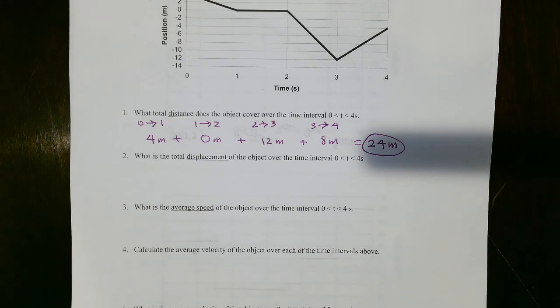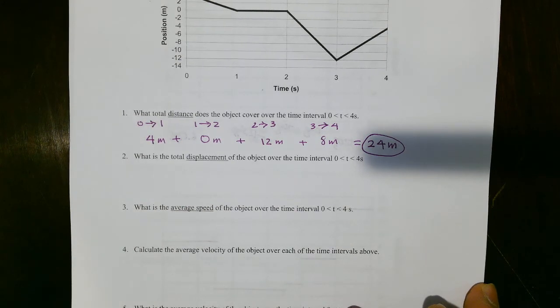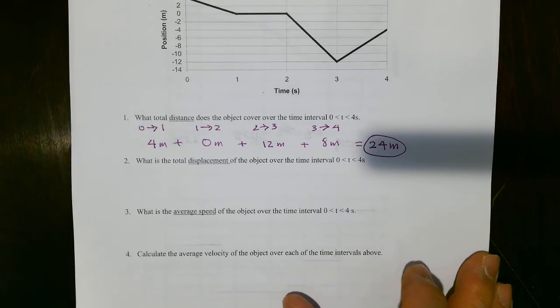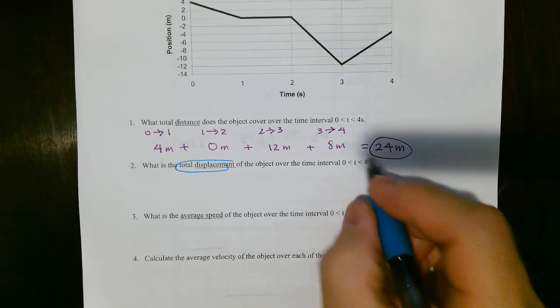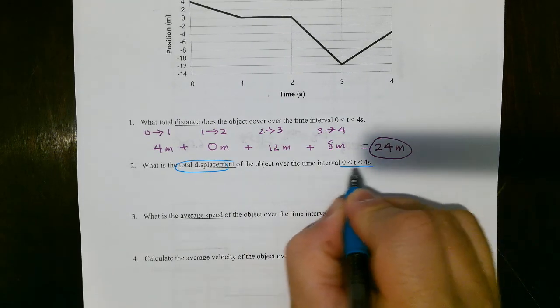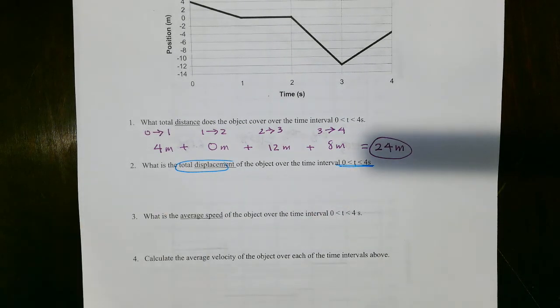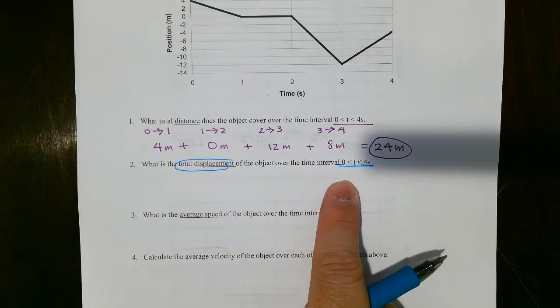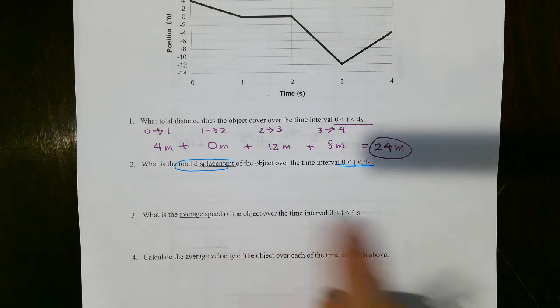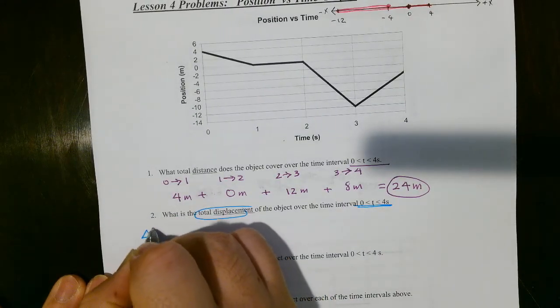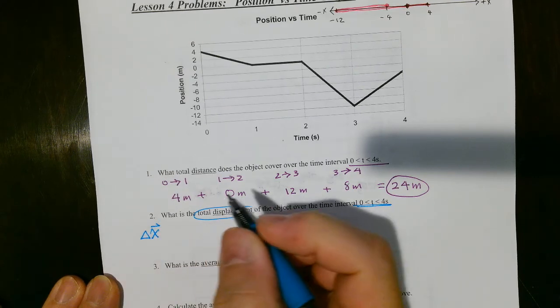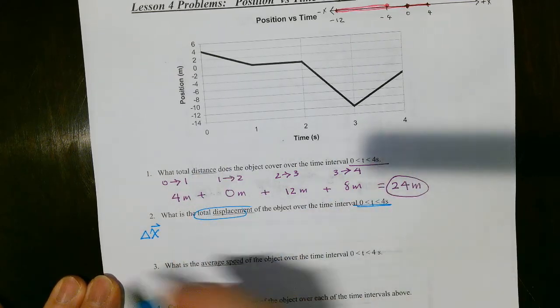All right. Then it asks, what is the total displacement of the object from 0 to 4 seconds? So this is pretty important, that you have to know your time frame. Total displacement is just the change in position from 0 to 4 seconds.